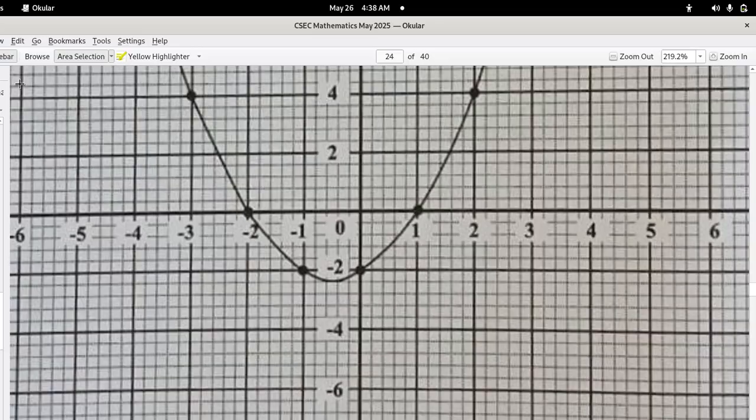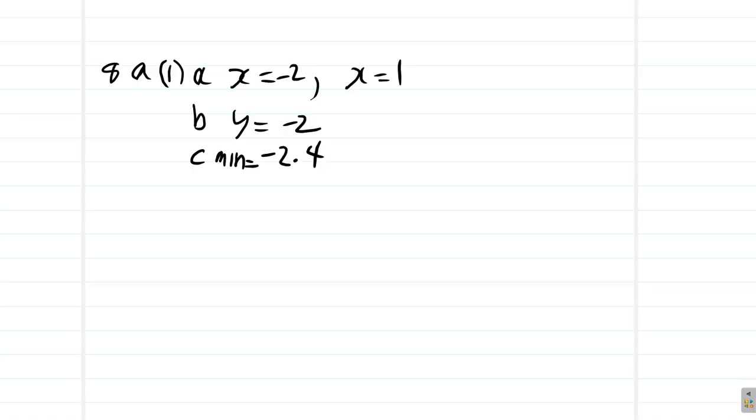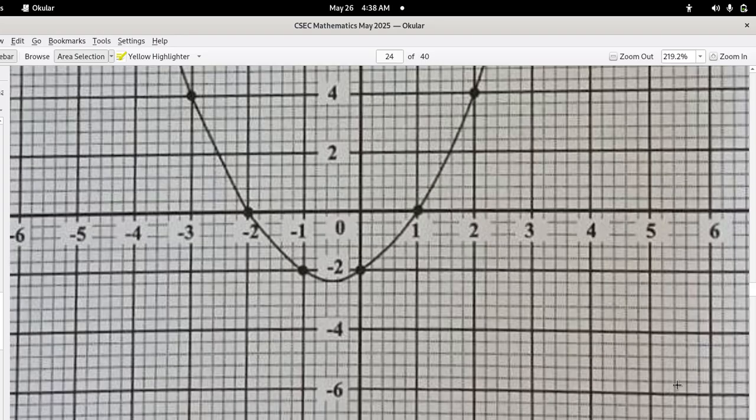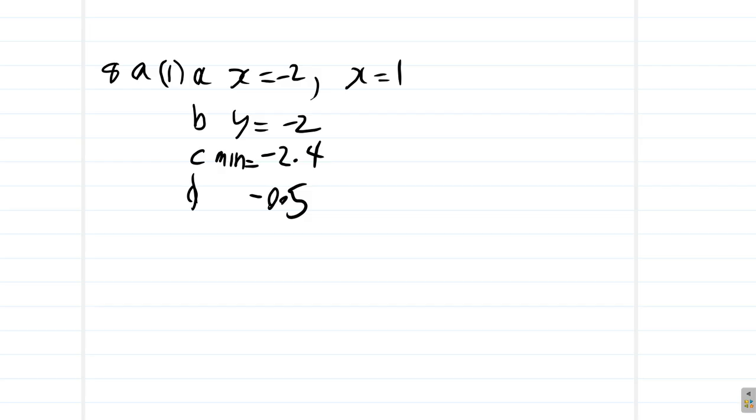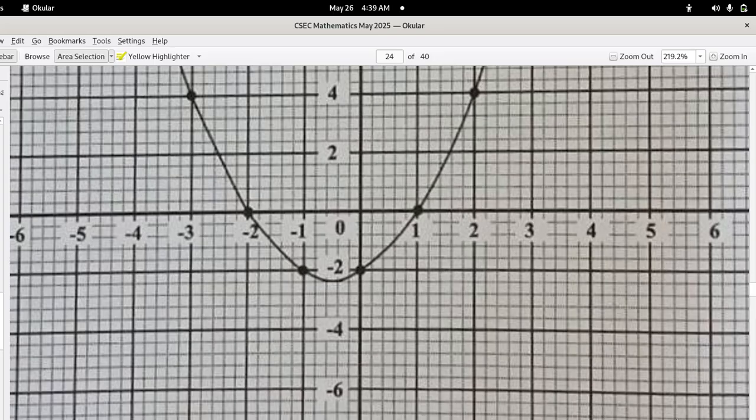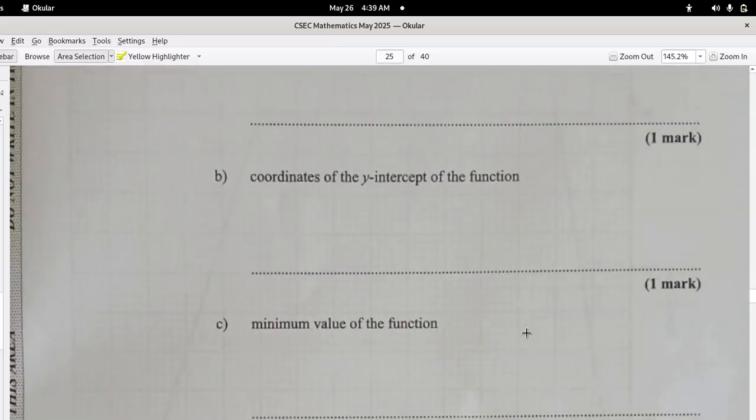Another way to look at it is that you're halfway between 0 and negative 1, which is negative 0.5, negative half. So the equation of the axis of symmetry is x equals negative 0.5.